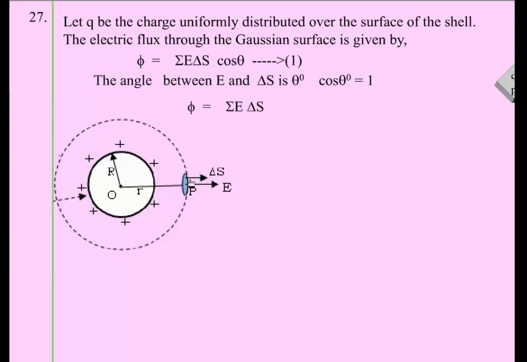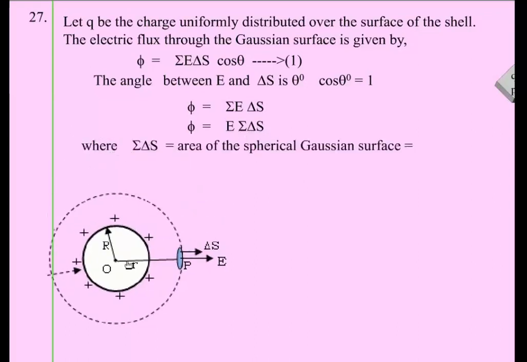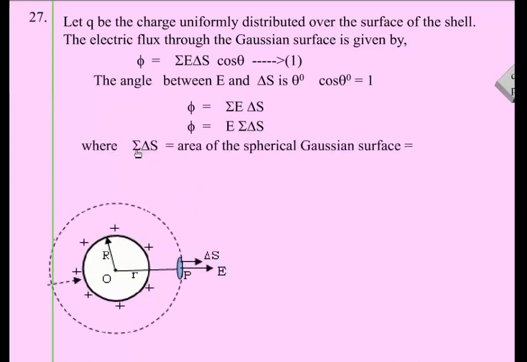Electric field at any point on the Gaussian surface is the same. It is constant. Therefore, summation applies for delta S. Take this E outside. That is E into sum of delta S. Now, sum of delta S is nothing but the area of this Gaussian surface.